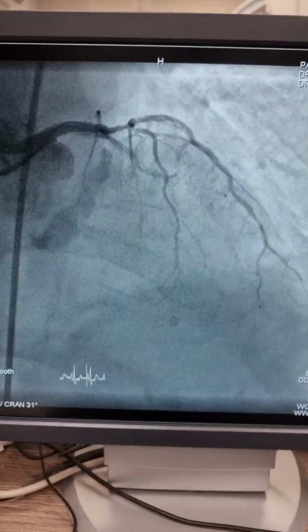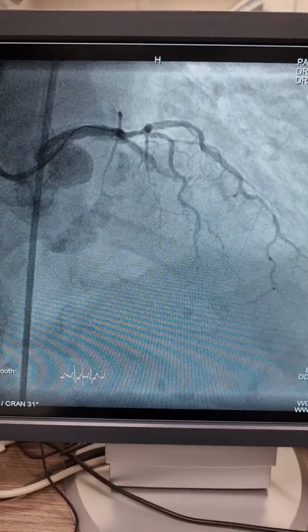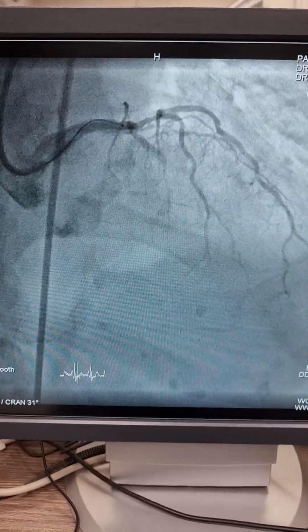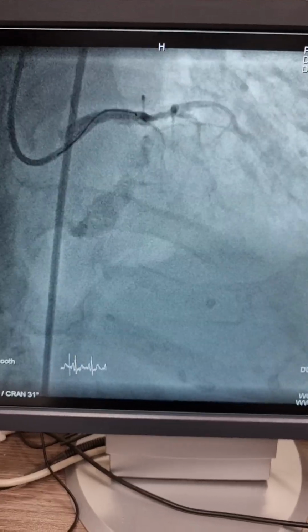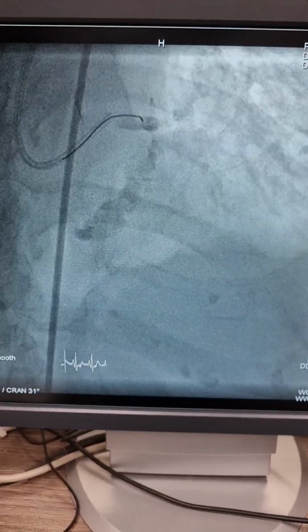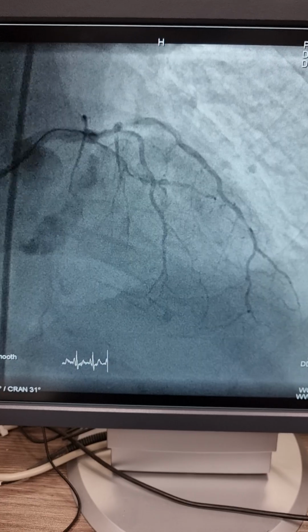So I proceeded with the PCI of the LAD, but the decision again was weighed: CABG versus PCI, in the acute setting, in the patient on dialysis, hemoglobin 8.7, creatinine 5.4.